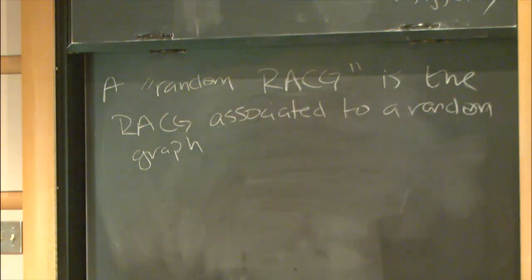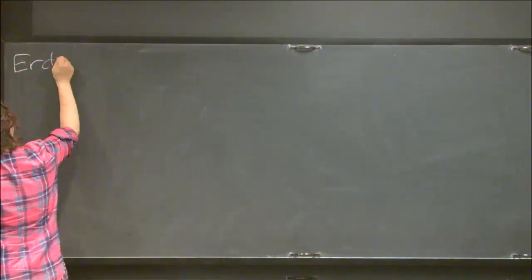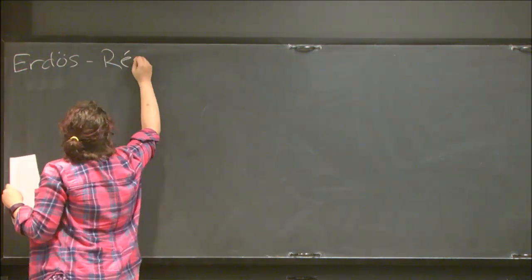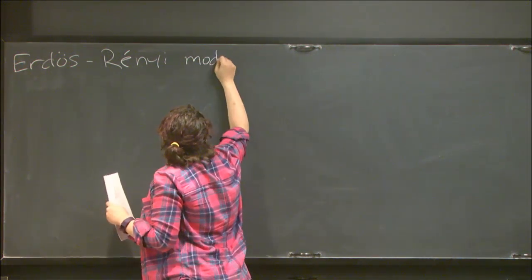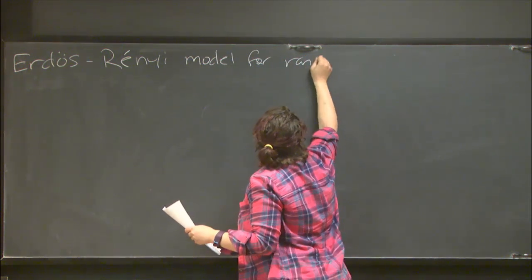So typically when people talk about random graphs, we're talking about the Erdős-Rényi model. So the Erdős-Rényi model for random graphs.